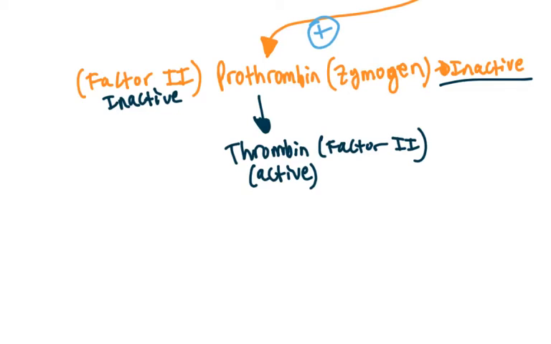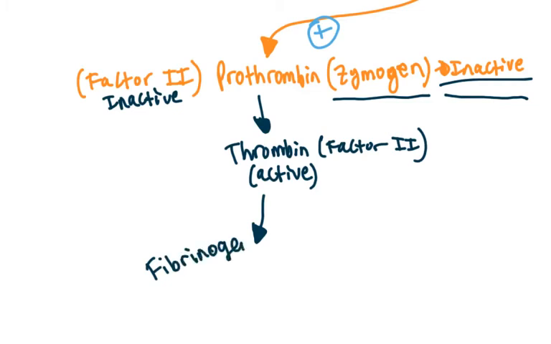Factor 1 in its inactive form is called fibrinogen. Fibrinogen is also a zymogen because it's inactive. So let's write that out. Thrombin will come here, find fibrinogen, and activate it, turning it into fibrin.